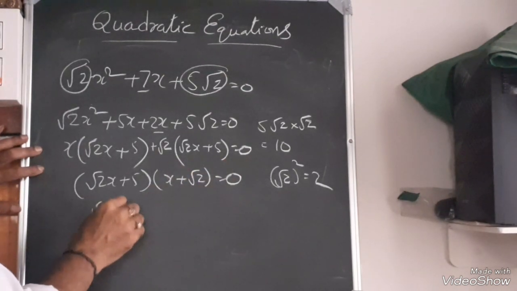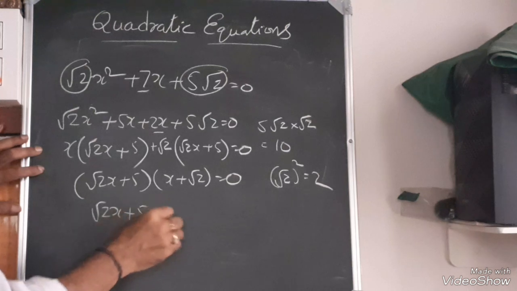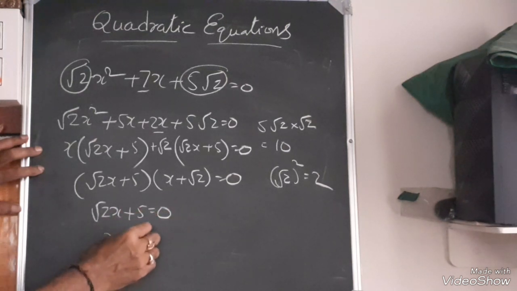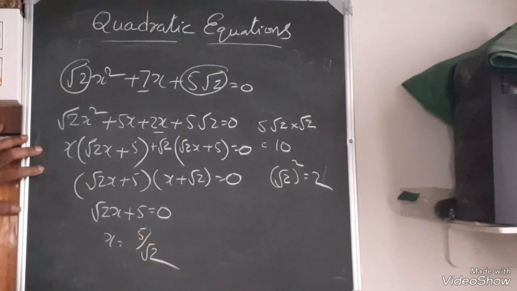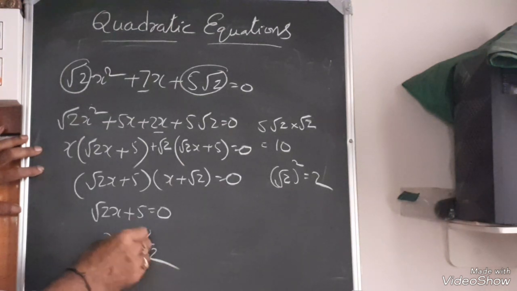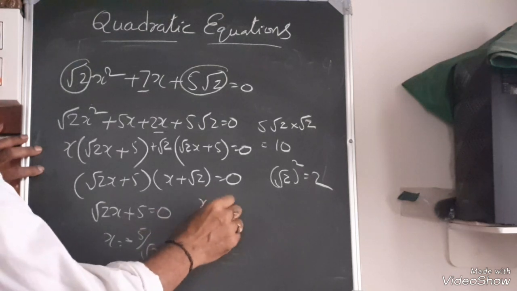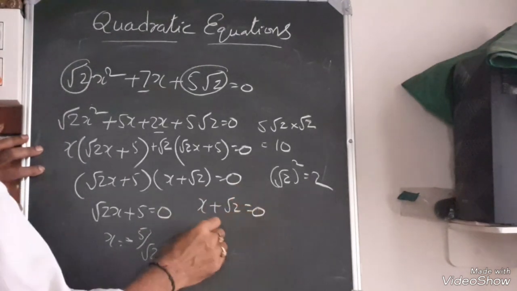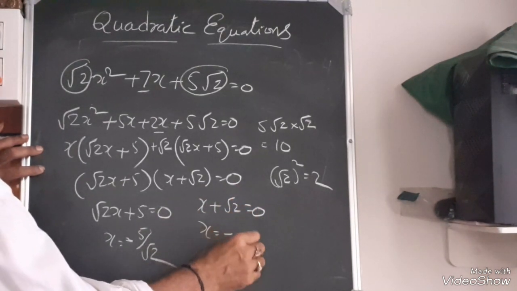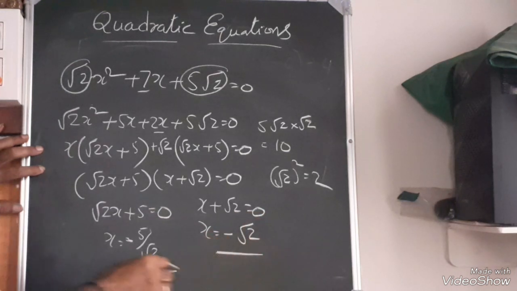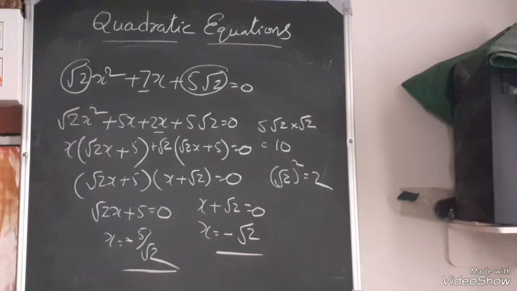If root 2x plus 5 equal to 0, then x equal to minus 5 by root 2. And x plus root 2 equal to 0, x equal to minus root 2. So these two are solutions of the quadratic equation.